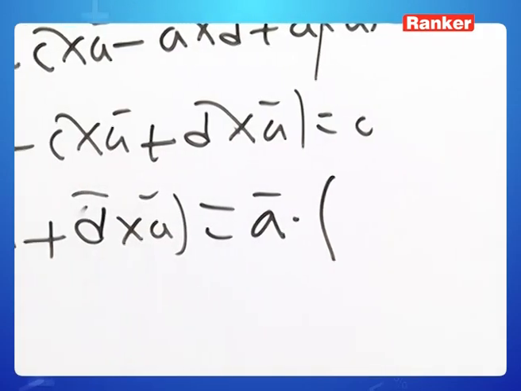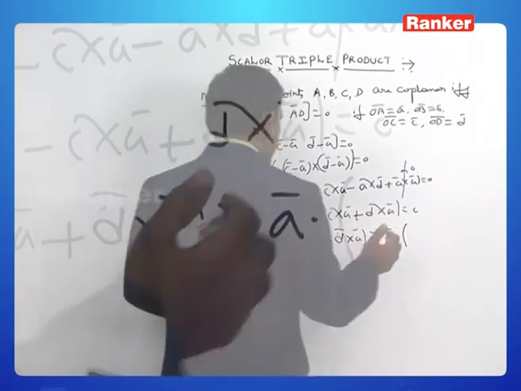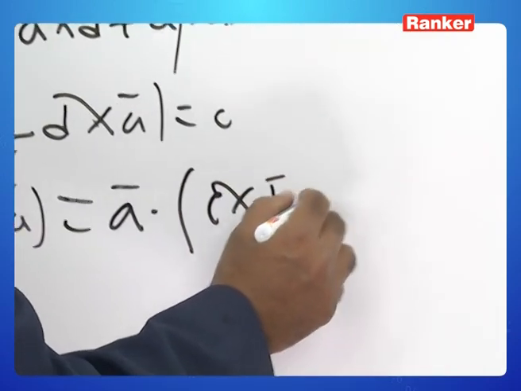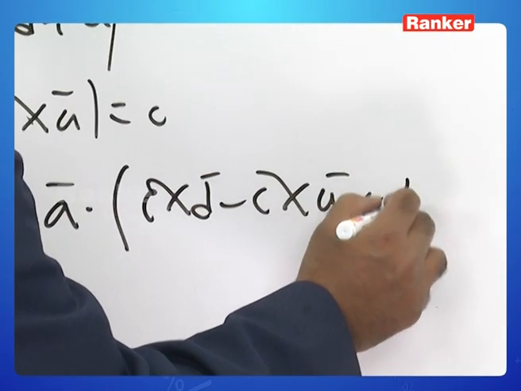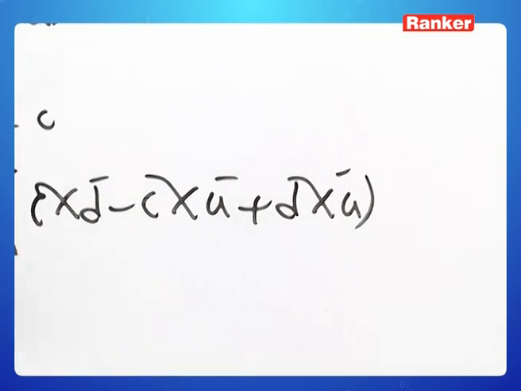A dot of C cross D minus C cross A plus D cross A, right?